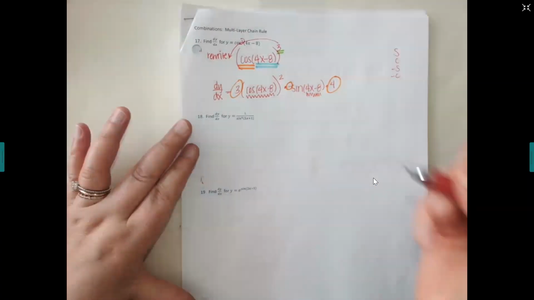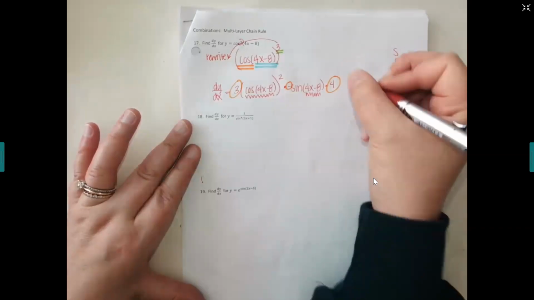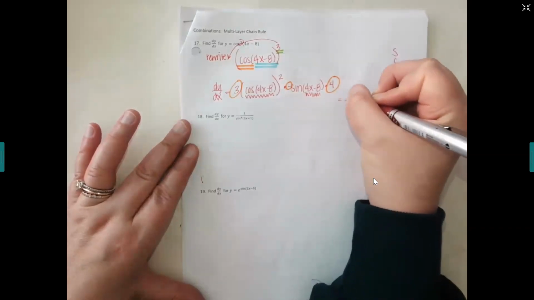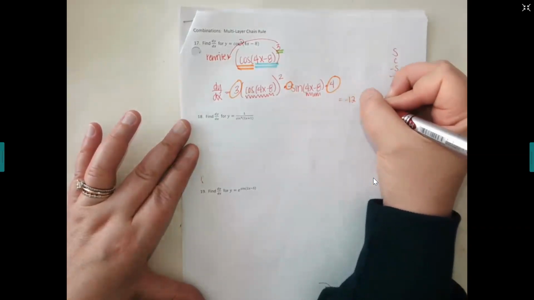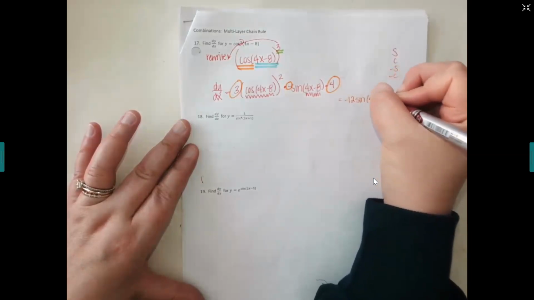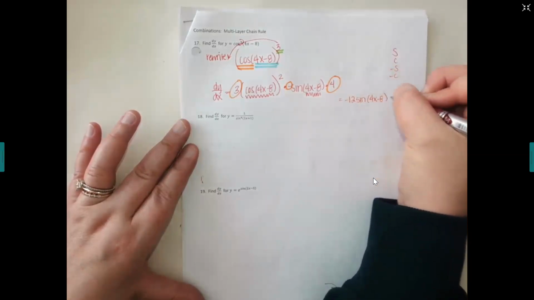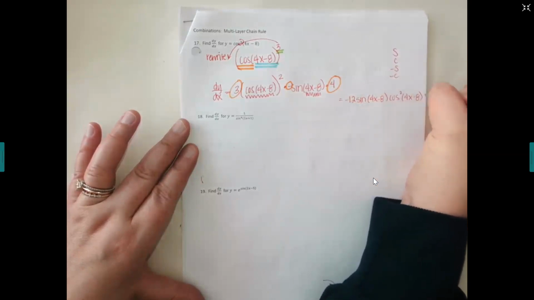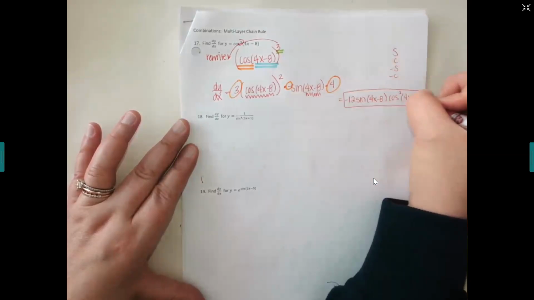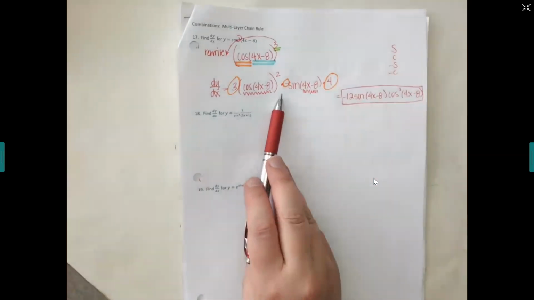Also times the negative is a negative 12. So for your answer on Delta Math, you would put negative 12. Then I would put probably the sine 4x minus 8 next, and then the cosine squared 4x minus 8. But remember that technically this is still right, it's just not simplified all the way.